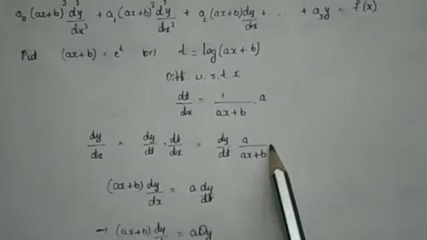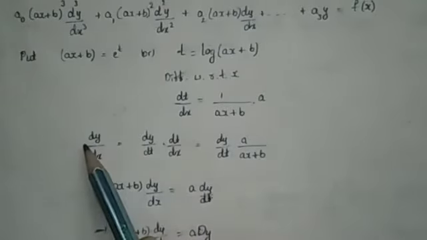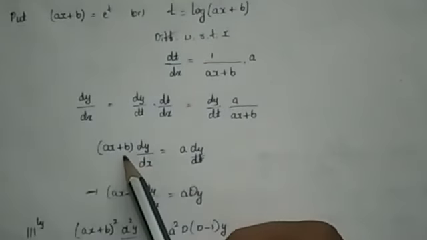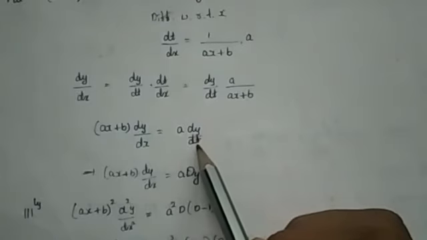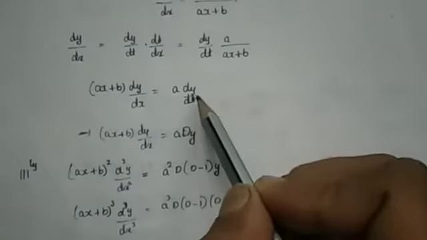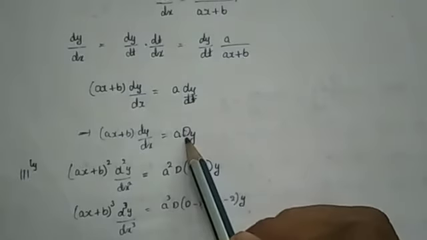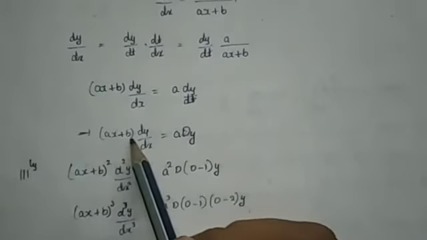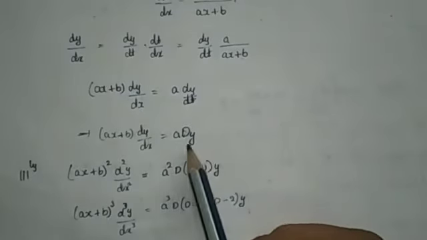So this ax+b can be multiplied to the left-hand side, so you get (ax+b) dy/dx = a dy/dt. Writing d/dt as capital D, you get (ax+b) dy/dx = a Dy.